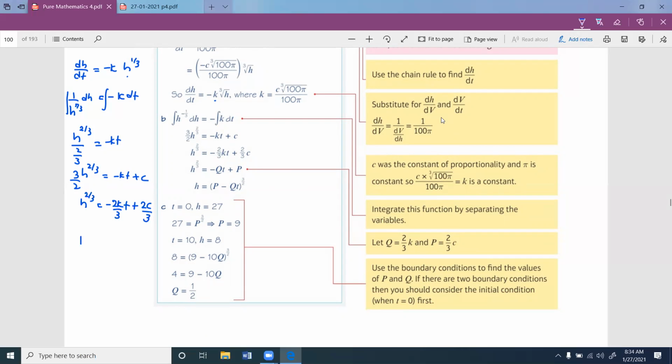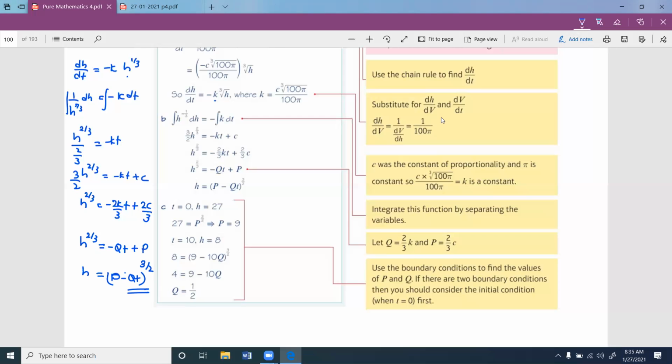Therefore you can write h to the power 2 over 3 is equal to minus qt plus p. Then you can write h is equal to, if you want, you can take this minus out, p minus qt, whole thing to the power 3 over 2. That's a way of getting this, right? That's a simple way of forming this equation.